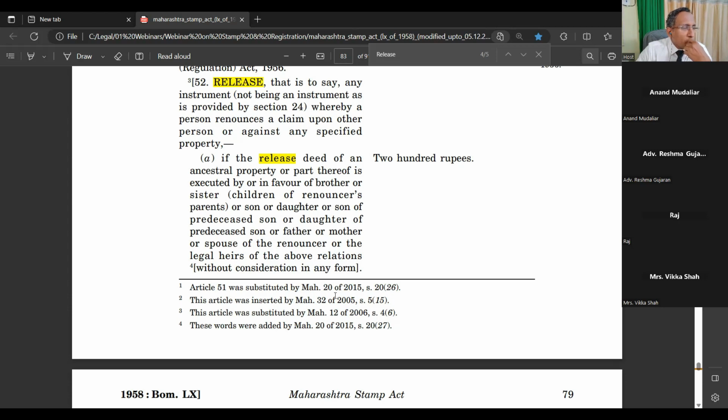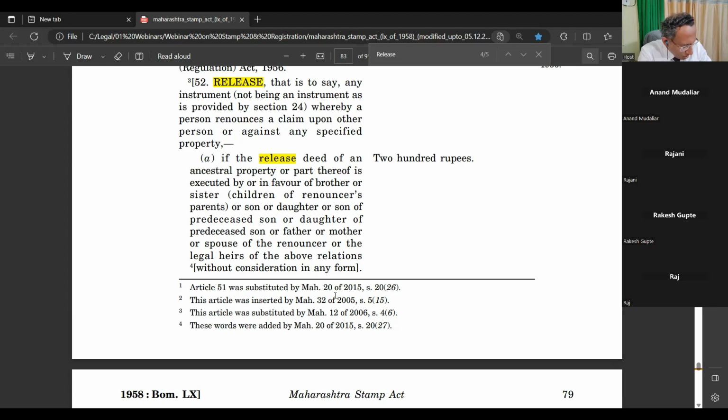So there are two queries basically. One is what will be the implications of the stamp duties for all the three transactions? And in any way, I don't want to do this whole transaction in one transaction because there are some tax implications.